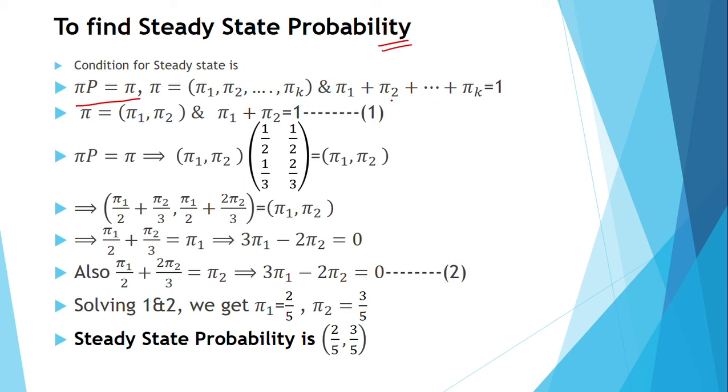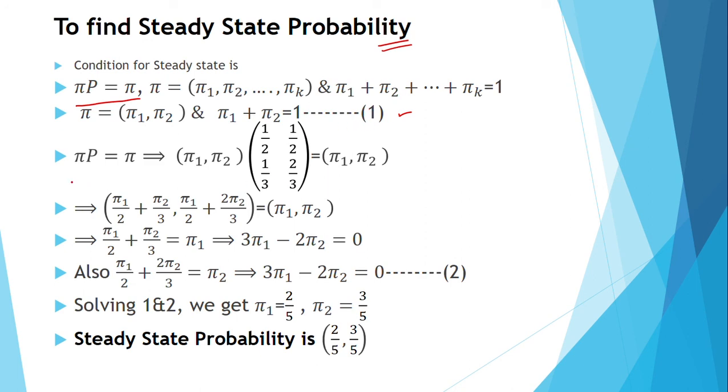Total probability of the row vector is 1. But here we are having only two states, so we can write our pi as pi 1 comma pi 2, with the condition pi 1 plus pi 2 equal to 1. Just take this, that is equation 1. Mark it as equation 1.